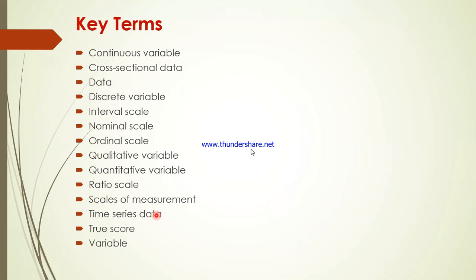The most popular example used for the interval scale is temperature, measured in Fahrenheit or Celsius. Here we can arrange temperatures in order of magnitude. The difference is also meaningful, but the ratio is not meaningful, because in temperature there is no true zero, right?